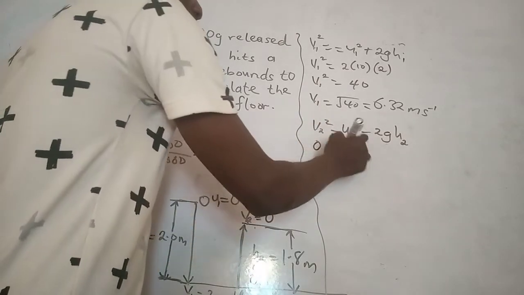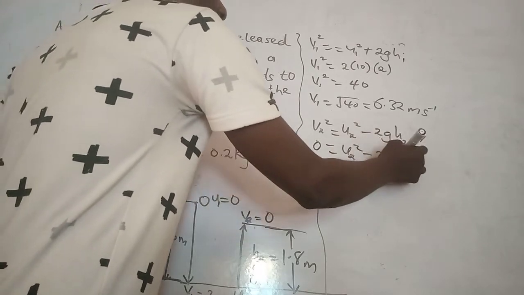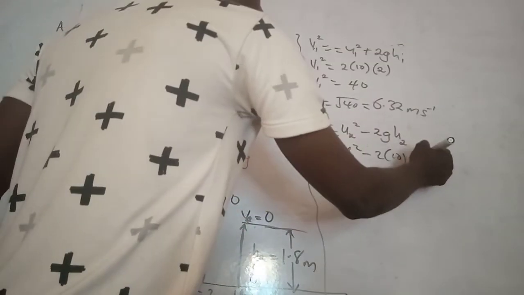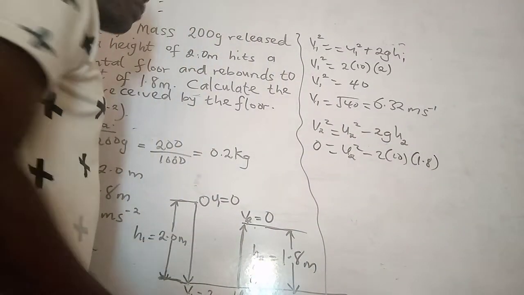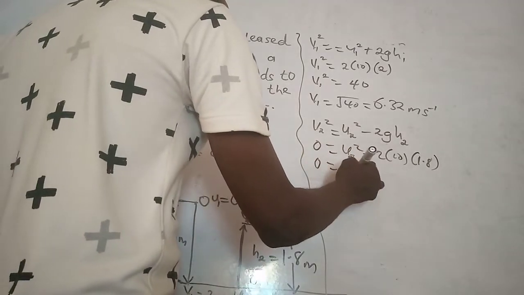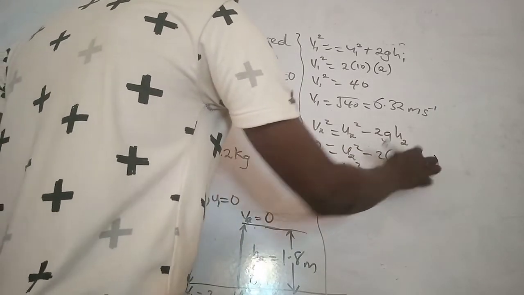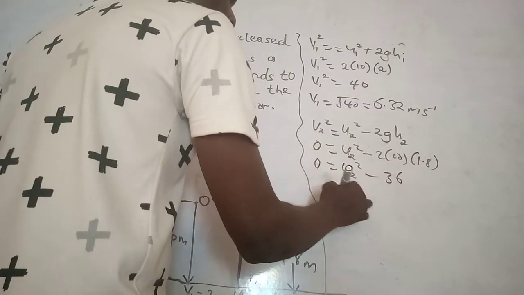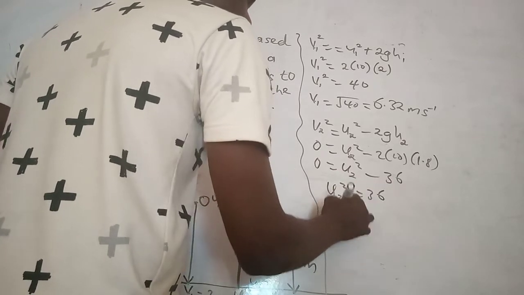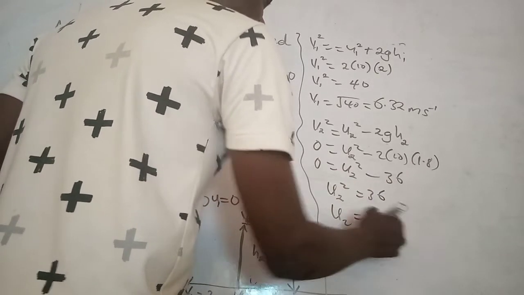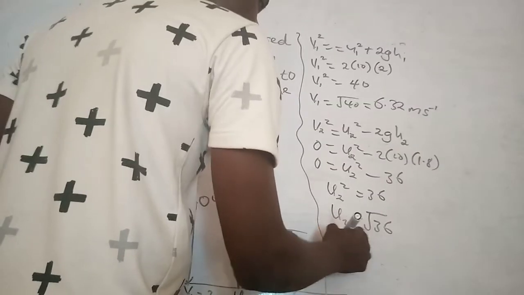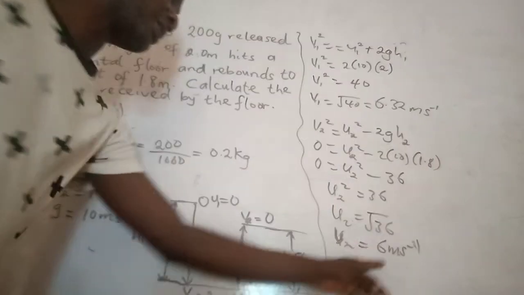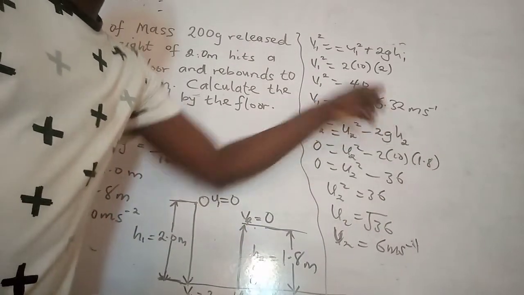So 0 equals U2 squared minus 2 times 10 times 1.8. That gives me 36, so U2 squared equals 36, and U2 is equal to the square root of 36. U2 equals 6 meters per second. Now you can see that there is a slight difference between this and this.